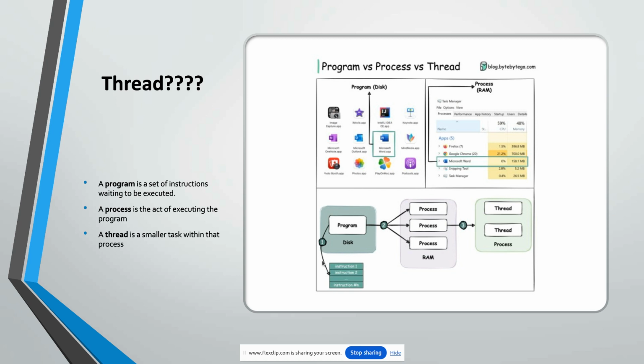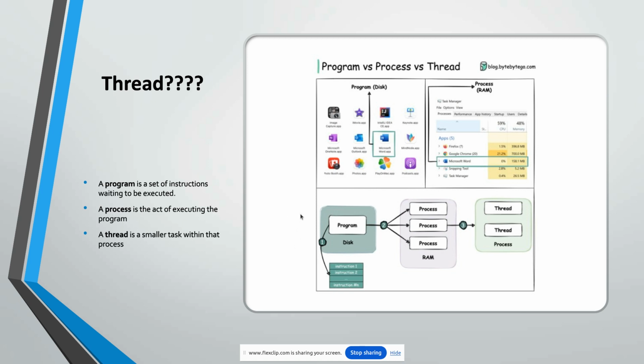When you run it, the program does the stuff you want because you already wrote it in your code. There are a lot of instructions, and the process is the act of executing the program.